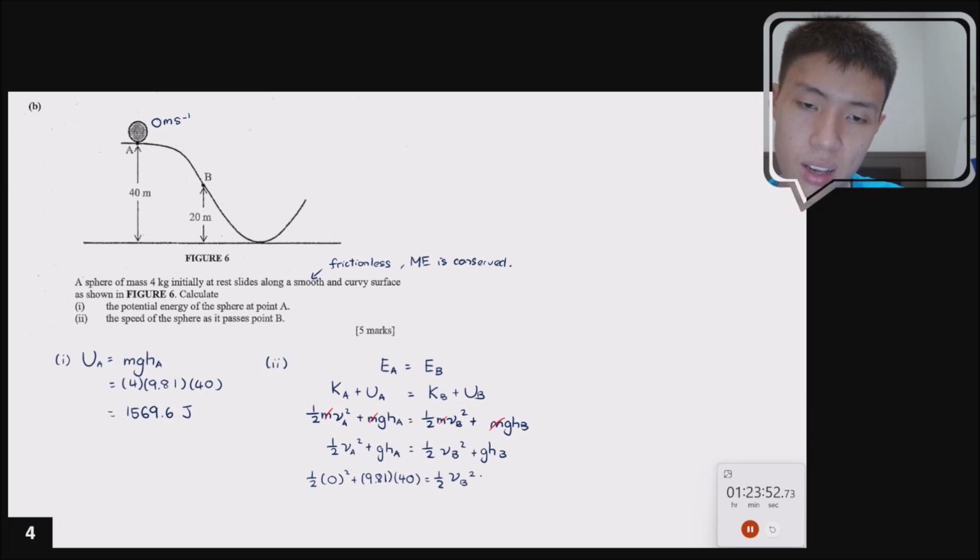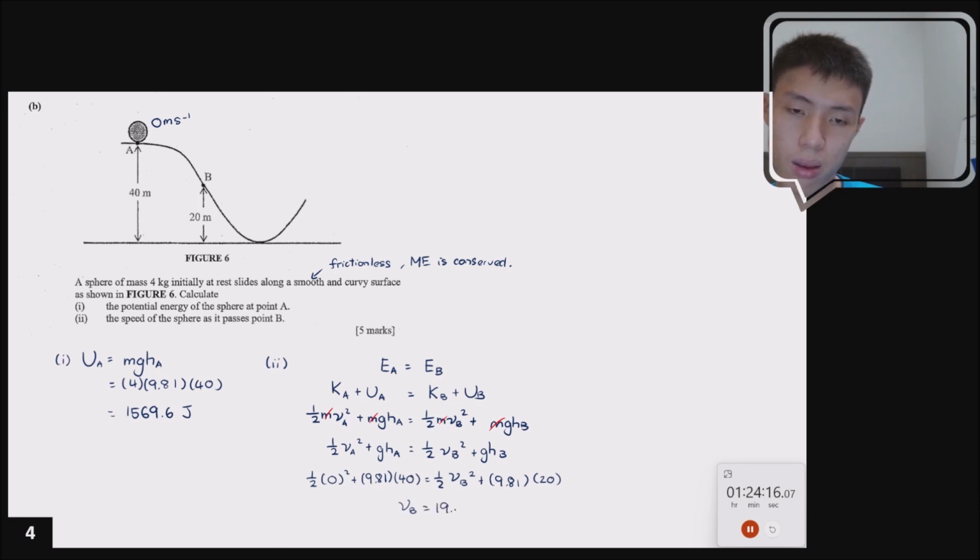Then the height at point B is 20 meters. Put in all the information that you know, and if you do your calculation, I believe you get VB equals 19.8 meter per second. So using conservation of mechanical energy, we are able to find the speed when the ball is at position B.